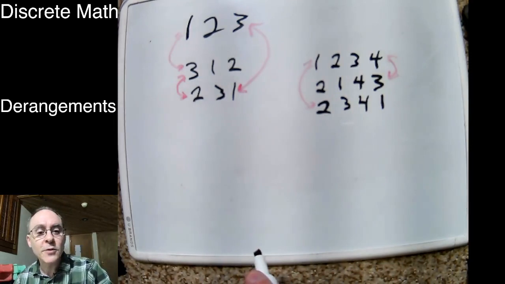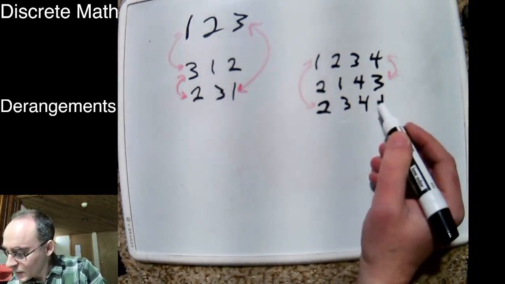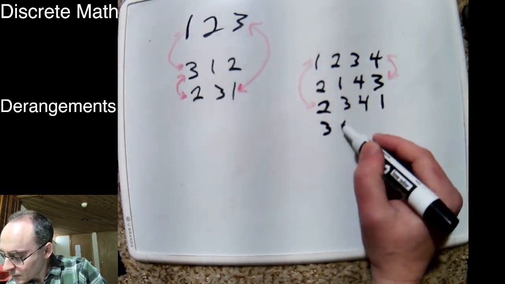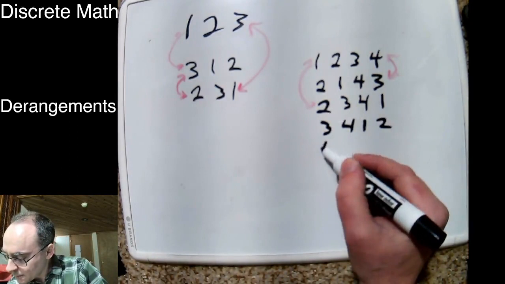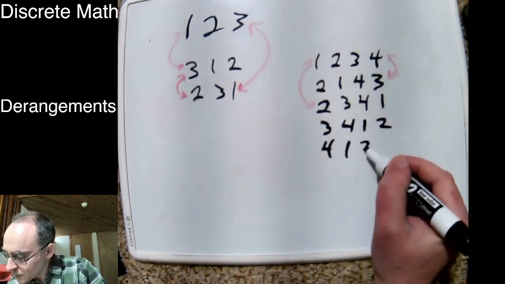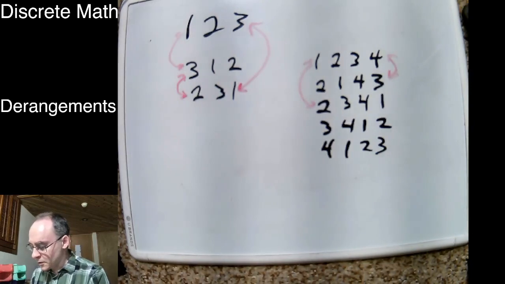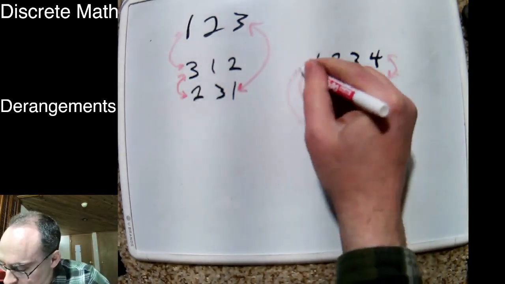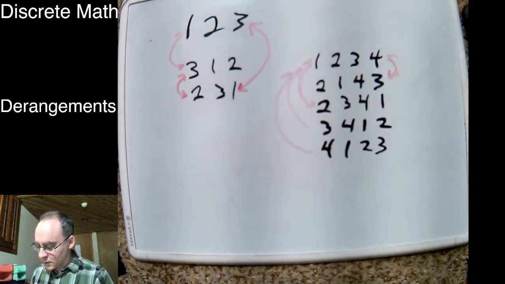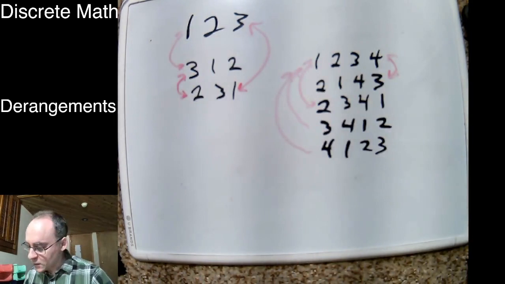One way to form derangements is we can do a cyclic shift. So for example, this 2, 3, 4, 1, that's a cyclic shift. We could also do 3, 4, 1, 2, that's cyclic. And finally, we have 4, 1, 2, 3. Those are all cyclic shifts of the original. They are also derangements of the original. But because they're cyclic shifts, they're also cyclic shifts relative to each other. So they're all derangements relative to each other.